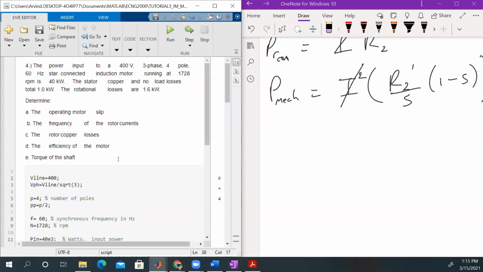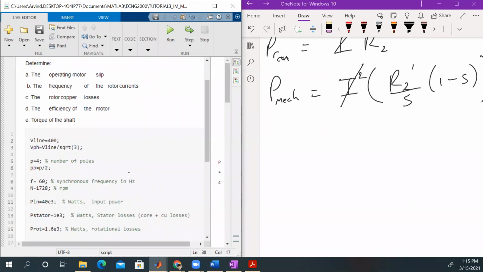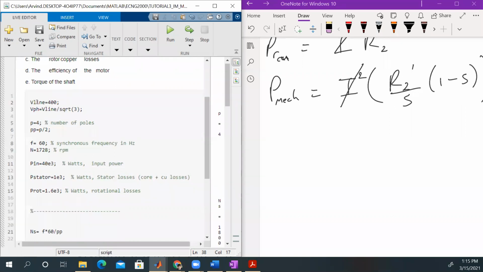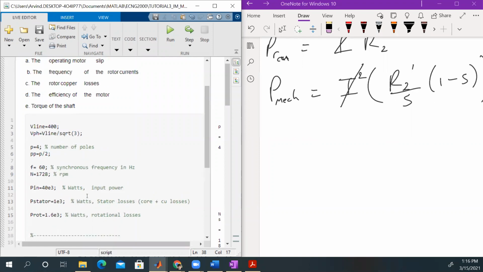So we have all the given information stated out here: number of poles, pole pairs, which is number of poles on 2, synchronous frequency, RPM, input power, stator losses, which is the core losses plus the copper losses, and the rotational losses, right?